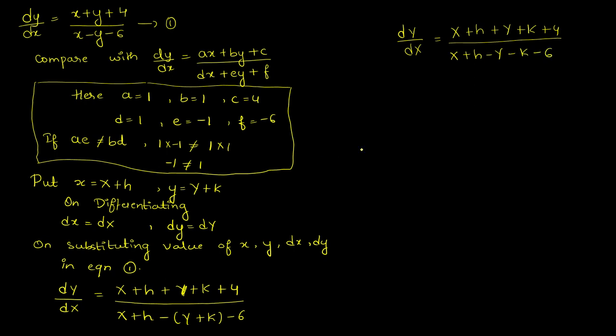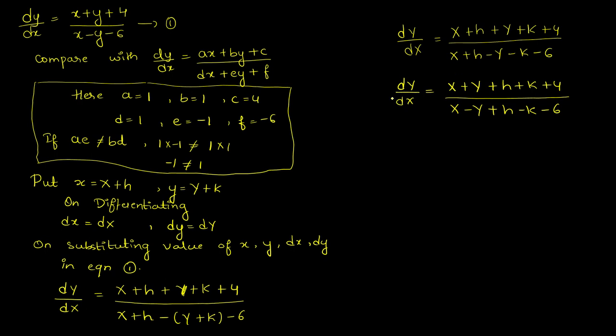Now in order to make this equation homogeneous, we need to take the constants together. So we can rewrite this equation as dY by dX equals (X plus Y, which are the variables, and then the constants, that is h plus k plus 4) whole divided by (X minus Y, plus the constants h minus k minus 6).